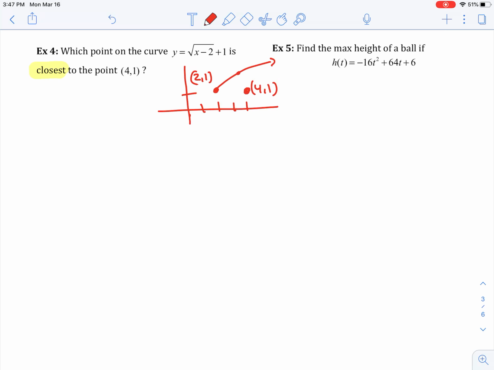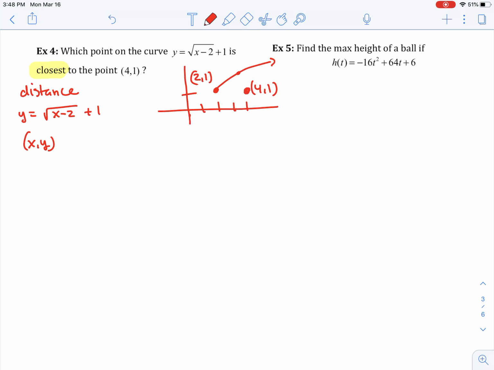So closest, hopefully in your mind, you're thinking, okay, we need to do something with distance. If we want to know which point is closest, then we are talking about a length, a distance between 2 points. Well, recall when we were talking about graphs before, there's a zillion points that could be on the curve of y equals the square root of x minus 2 plus 1.